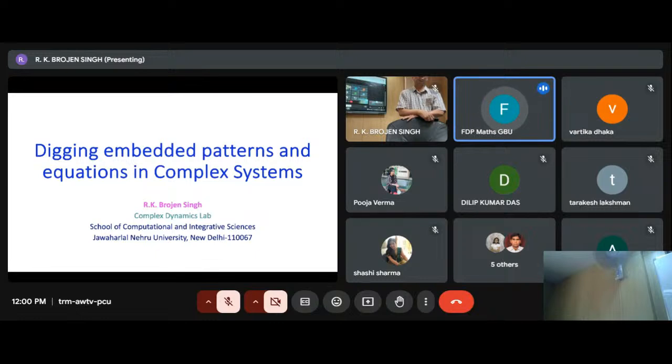Beyond research, Professor Singh is a dedicated mentor, having supervised multiple PhD scholars working on complex systems in biology and computation. We are deeply honored by his presence with us today, and his vast knowledge, academic leadership, and research vision continue to inspire students and scholars across the discipline.